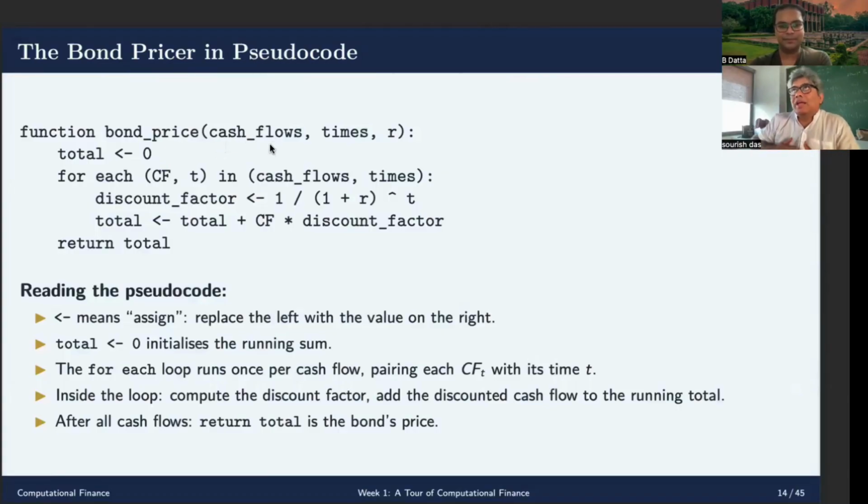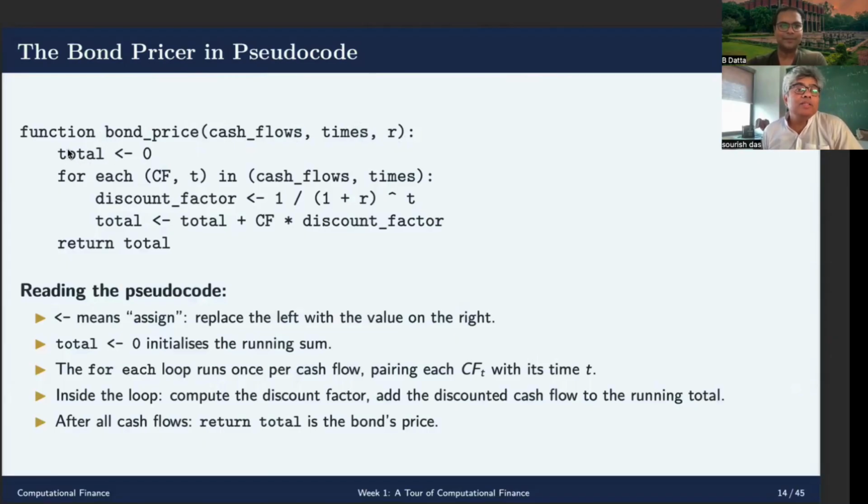If there are 10 cash flows, we will give them the cash flows and the corresponding times. Is it coming in the 6 month, 10 month, 12 months, or 18 months, whatever the time point at which these cash flows are coming, and what is the discount rate that we have to give. So these are now our inputs to the function that we will write.